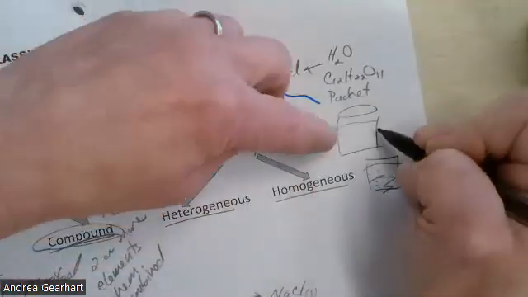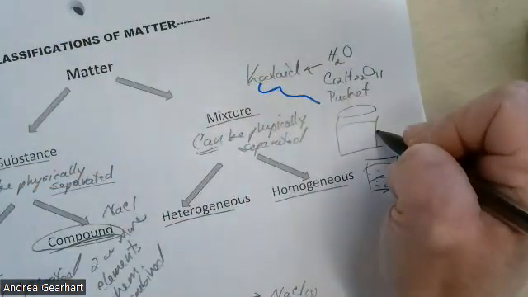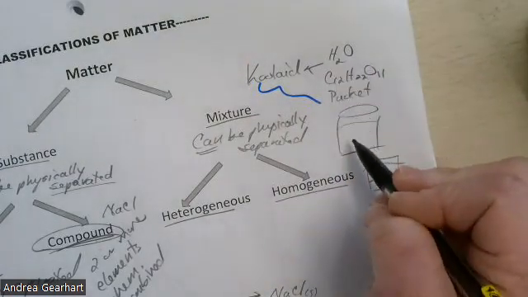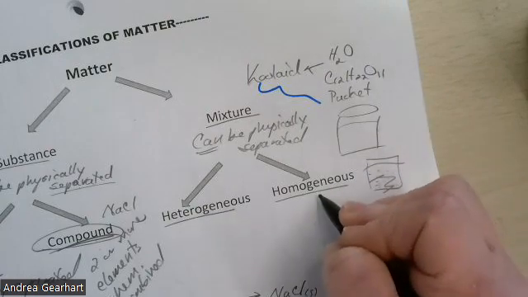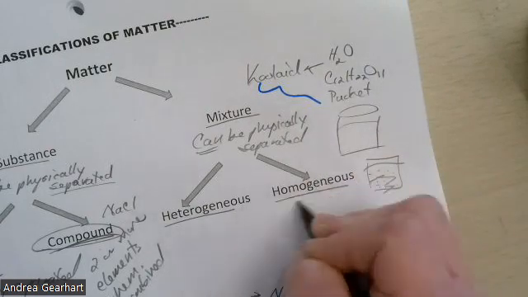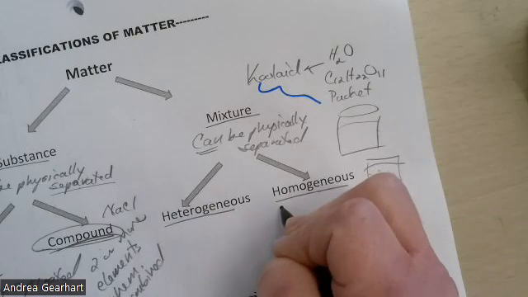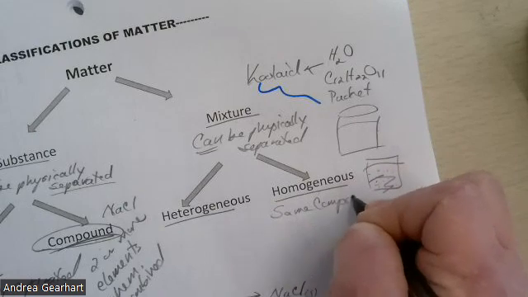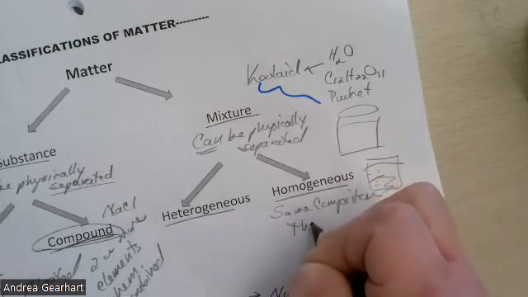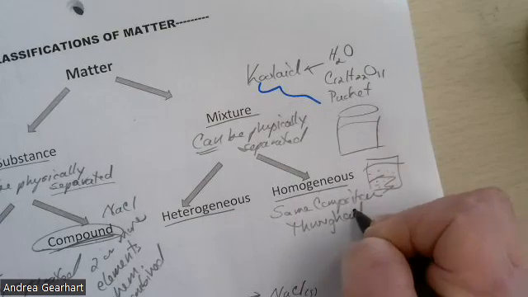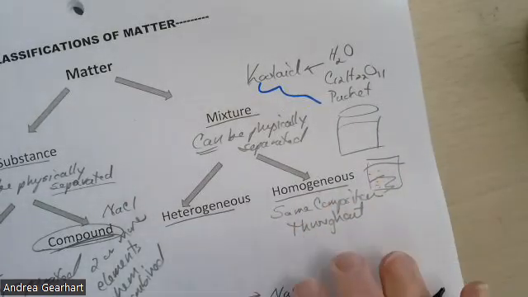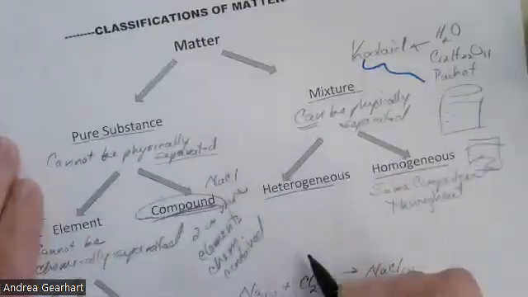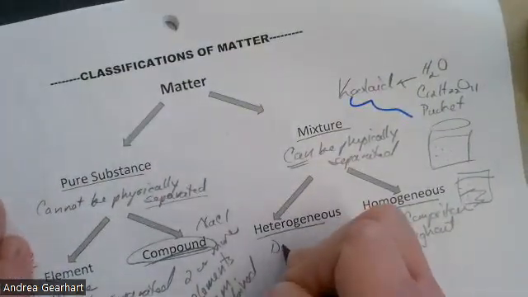Kool-Aid, your 10th, your 500th sip tastes the same because the ingredients are equally distributed. That's homogeneous. The prefix homo means same. That is the same composition or distribution of your components throughout. If we looked under a microscope, it would be not perfectly, but pretty equally distributed. Heterogeneous has differing composition throughout.